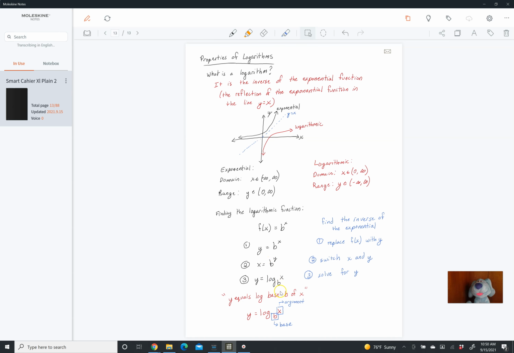It's the same base. So the base of the exponential form is the same as the base of the logarithmic form.